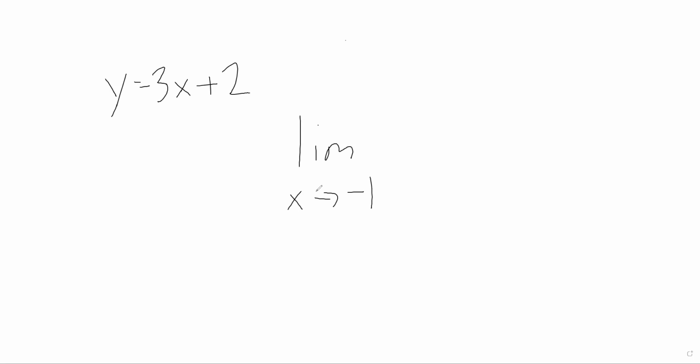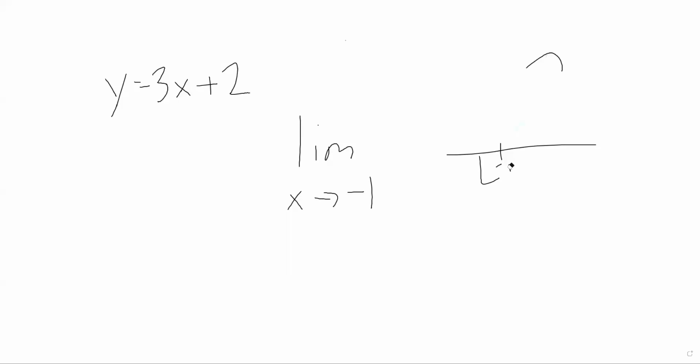But a trick that we can see here is that although we don't have the graph, we can visualize what 3x plus 2 is going to look like. We can think of it like something like this. It's going to look something like that. Okay, -1 is going to be about here.